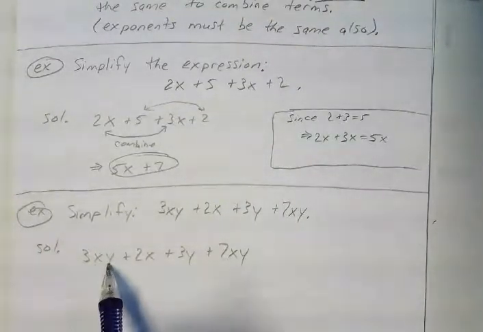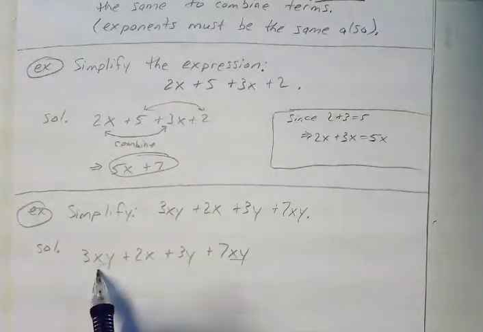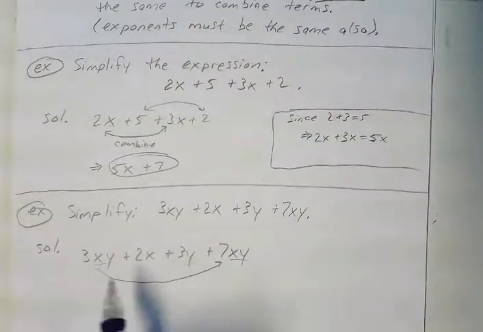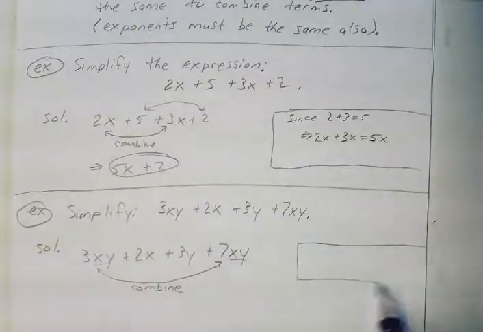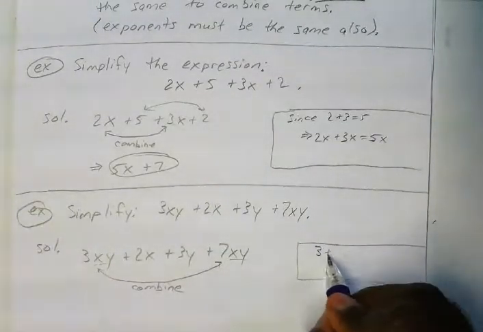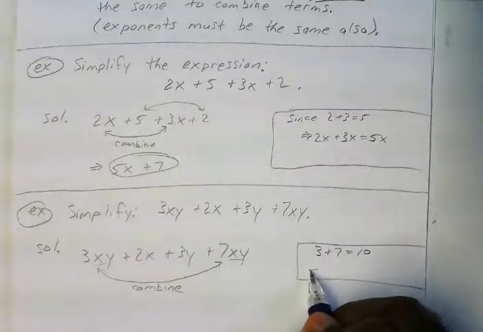So here we have an xy here and an xy there. We will go ahead and combine those two. Okay, so 3 plus 7 equals 10.